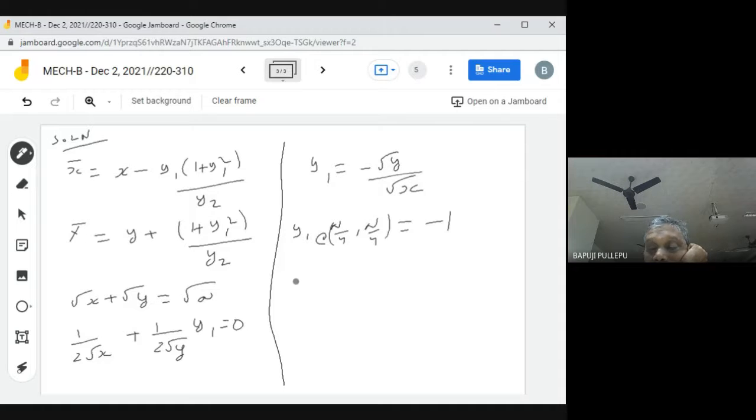Now go for y2. How will we do it? Denominator square, 1 minus you can keep here. Denominator into differentiation of numerator, 1 by 2 root y into y1, minus numerator into differentiation of denominator.